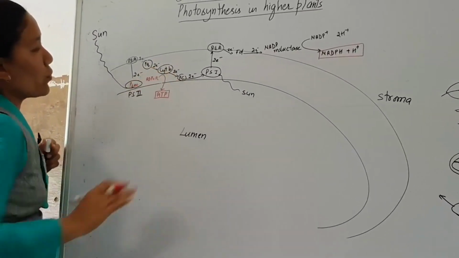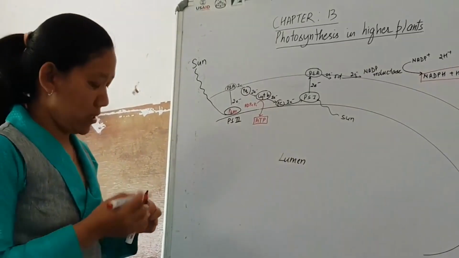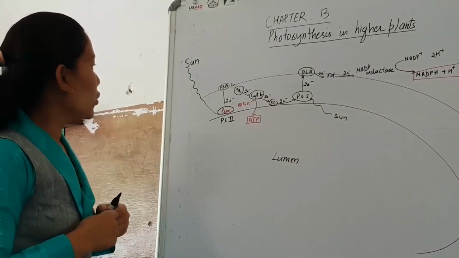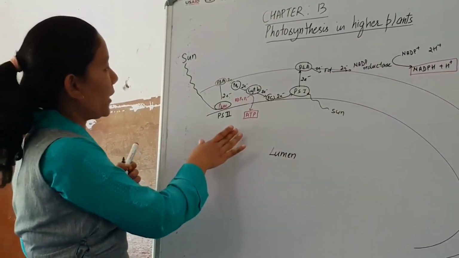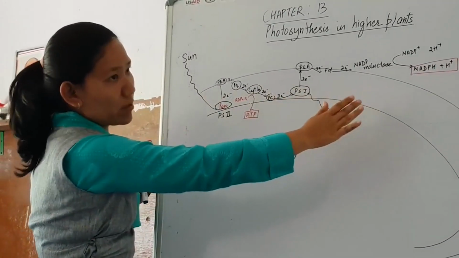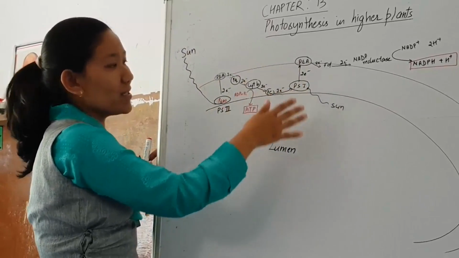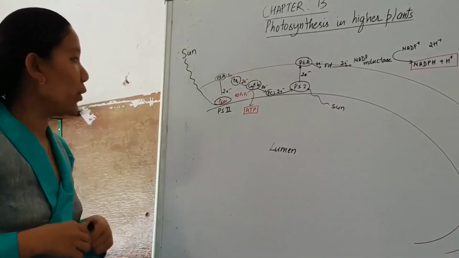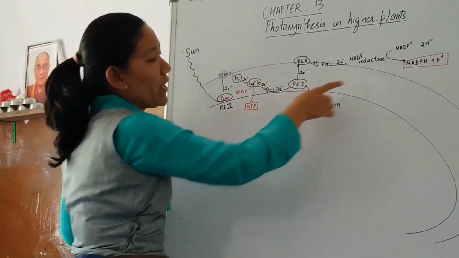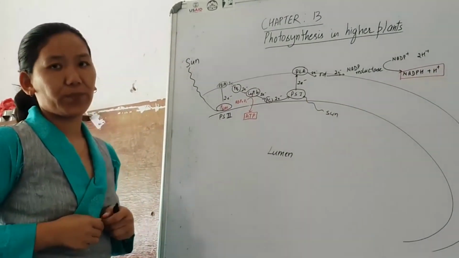The detailed mechanism we shall study in another topic. So in this process you find that the reaction driven by the solar energy, by the loss of electrons, results in the formation of two important components, that is ATP and NADPH.